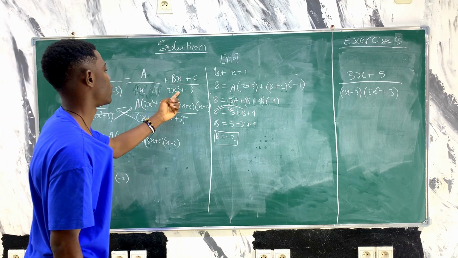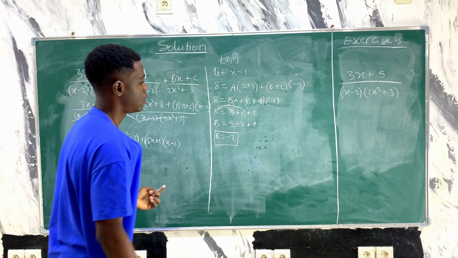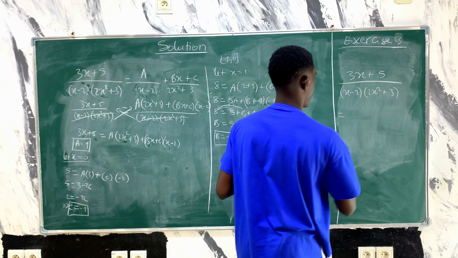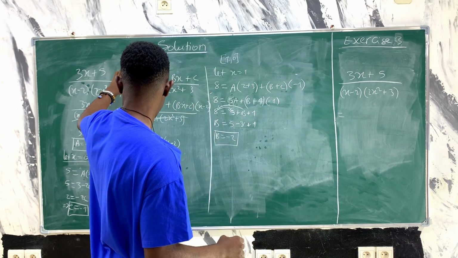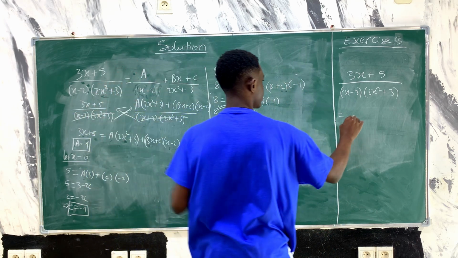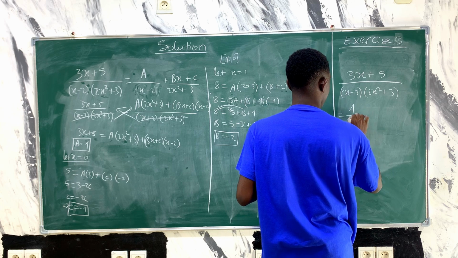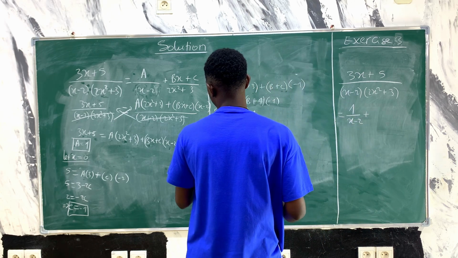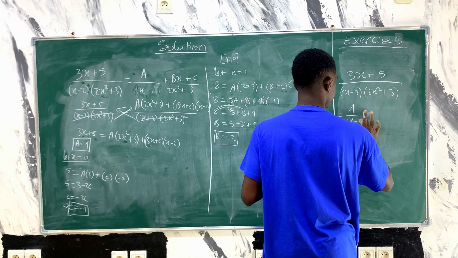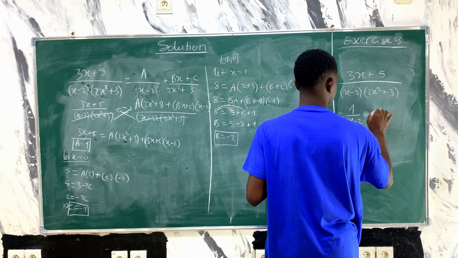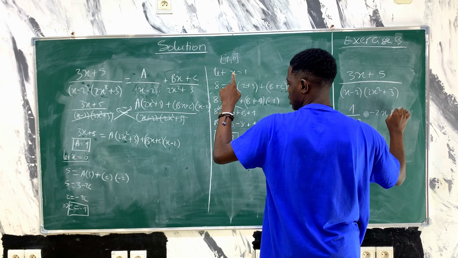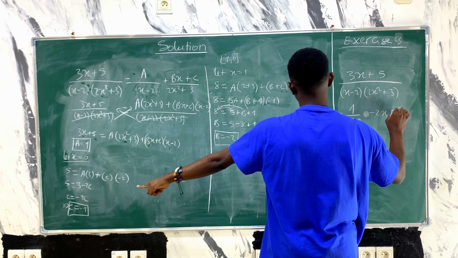What do I do now? I just repeat them here. So I see that this will be equal to, I put my final answer here. I'll have a is 1. So it is 1 on x minus 2 plus b is -2. -2x plus c is -1.